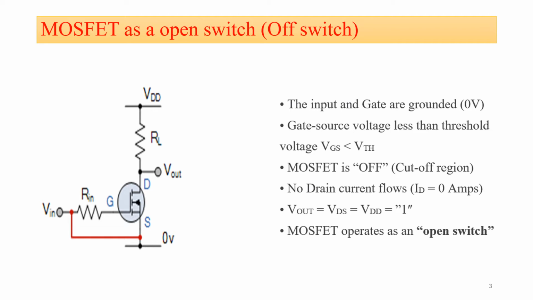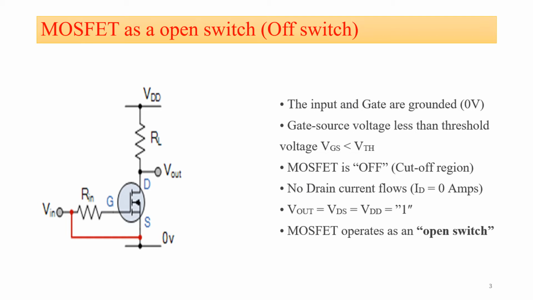As per the drain characteristics of our MOSFET, if the voltage across the gate and source is less than the threshold voltage, then our MOSFET will work in the cutoff region. When this voltage is less than VTH, the drain current will be equal to 0.